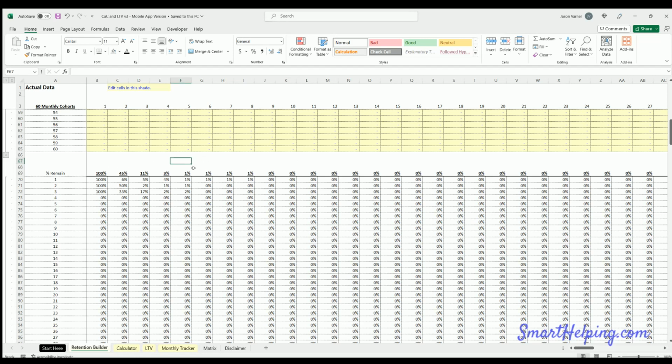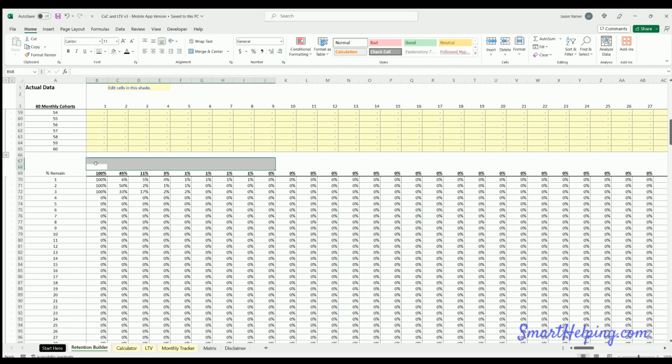Because in theory, the customer joined in month one, and then by month nine, there are no customers left. So when you're trying to break this down into a single customer, you have to weight the age of the customer. In theory, there's 1% of customers left in month eight. You don't know if your customer is going to leave in month two or month eight.